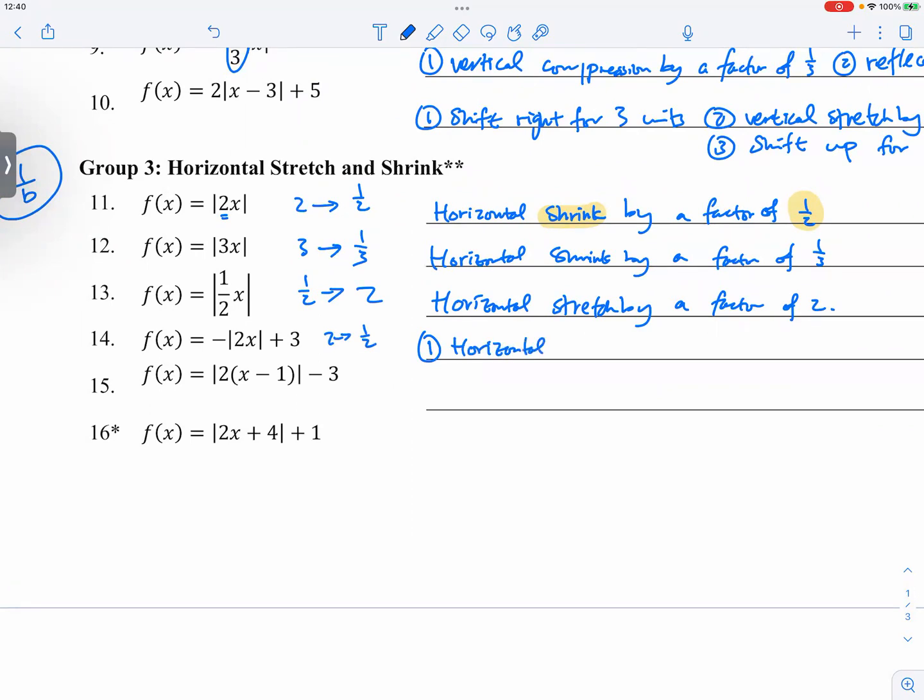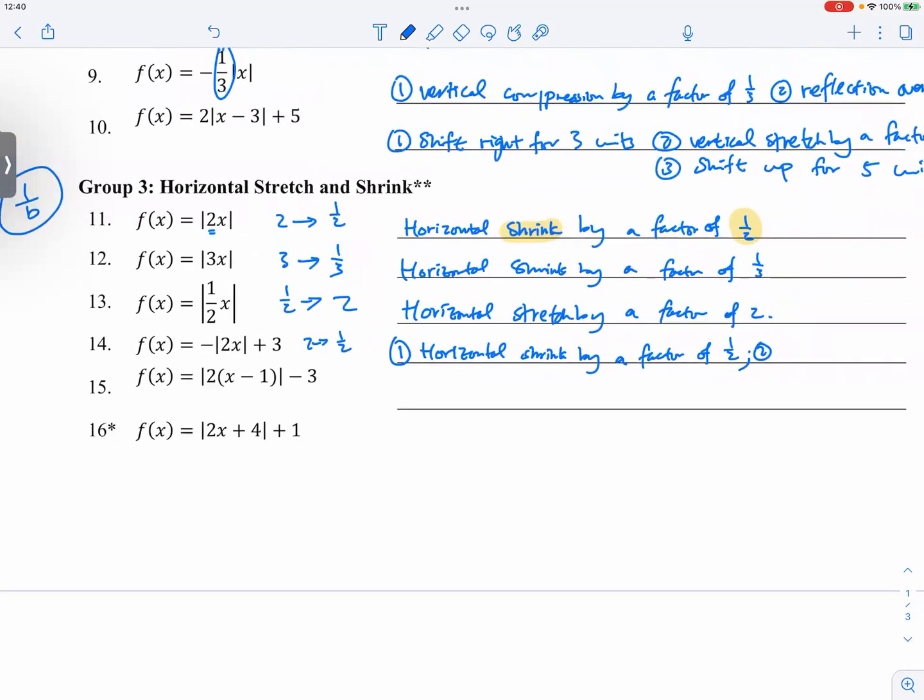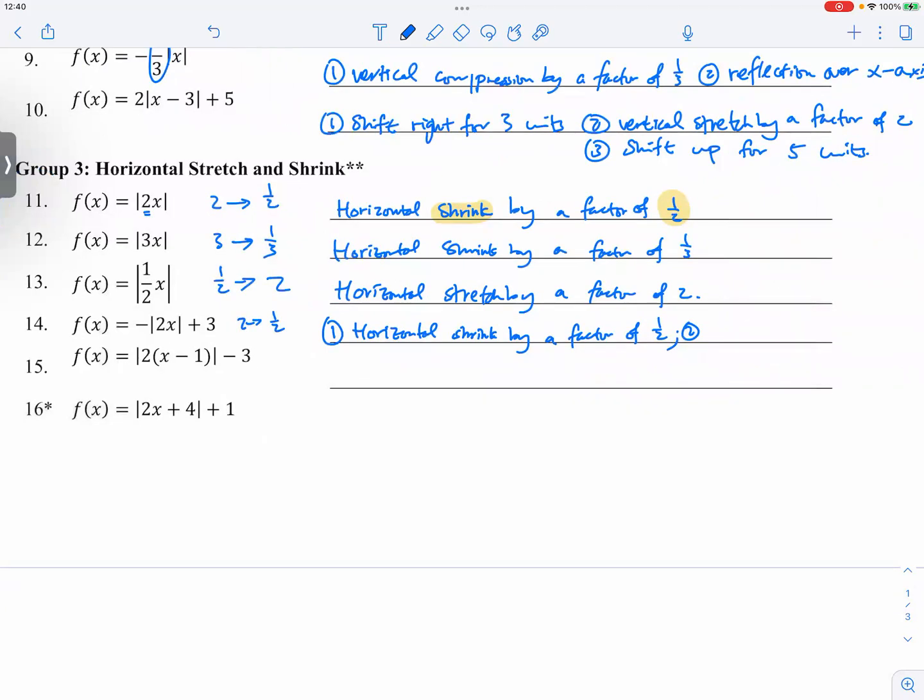So horizontal shrink by a factor of 1/2. And don't feel bad about making mistakes. That's why we are here. It's good that you try. And if you make a mistake, you remember that, it's going to be even better in the long run.